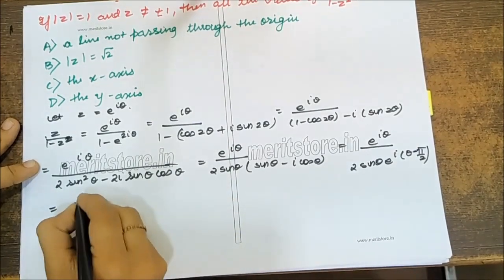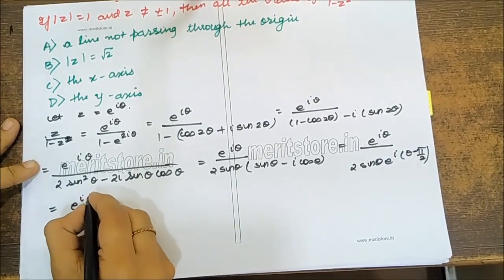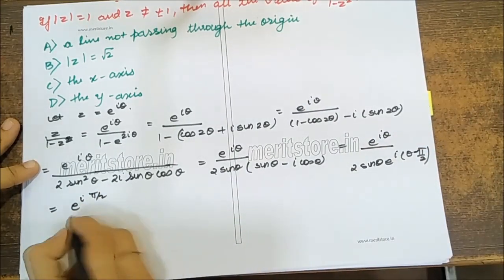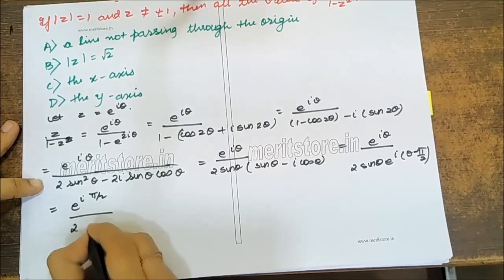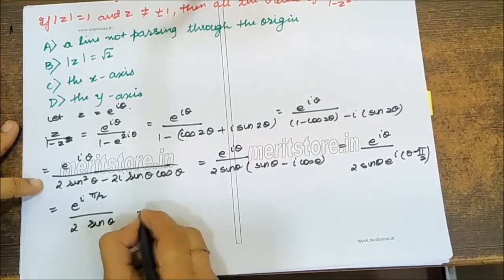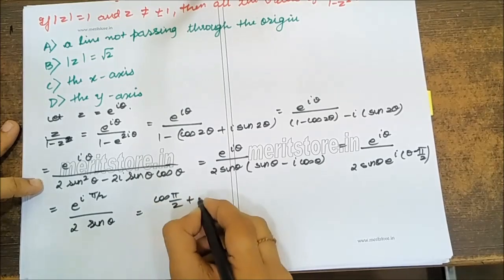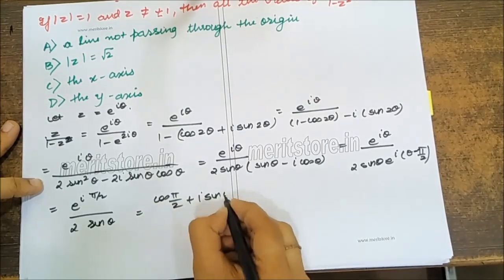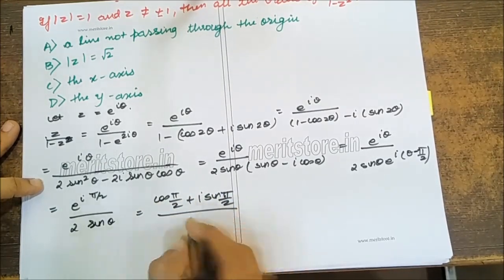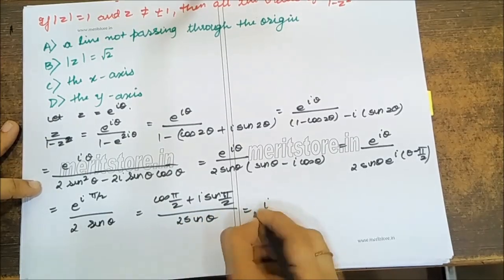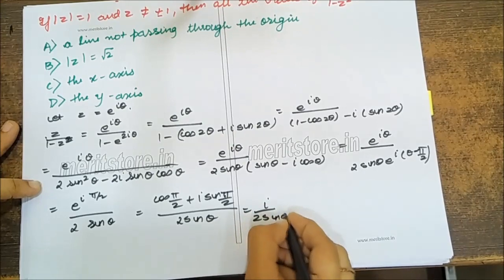So e^(i pi/2) upon 2 sin theta, that is equal to cos pi by 2 plus i sin pi by 2 upon 2 sin theta, that is i upon 2 sin theta.